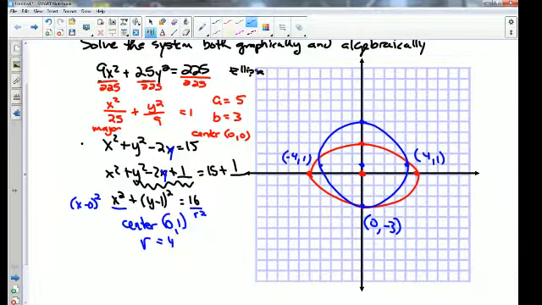Are you good with this graphing? Yeah, all right, you guys are off the wall.